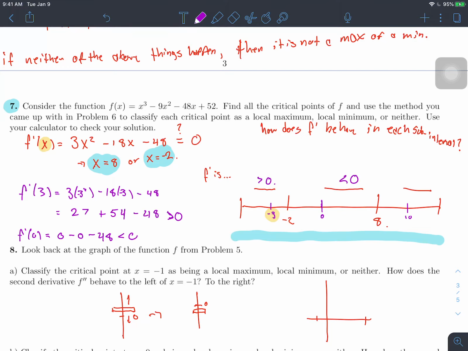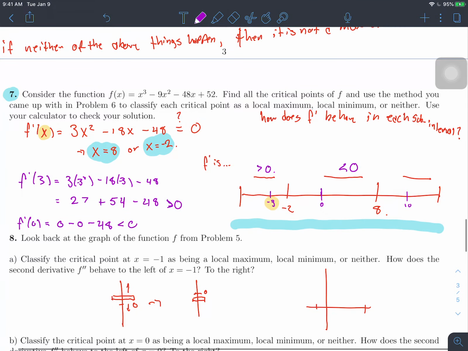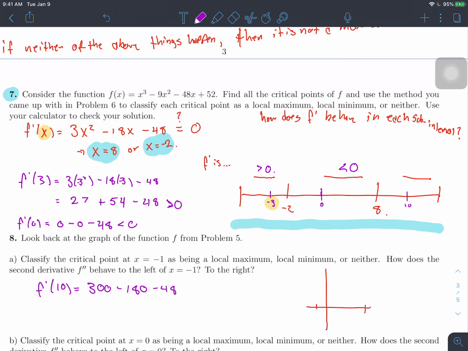Now I need to check my last one, 10. I wish I had a little more space on these problems. F prime of 10, well, that's going to be equal to 300 minus 180 minus 48. I think, again, this is going to be larger than 0.